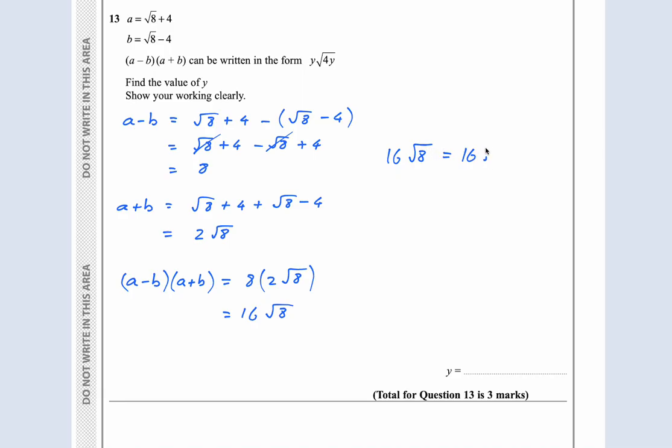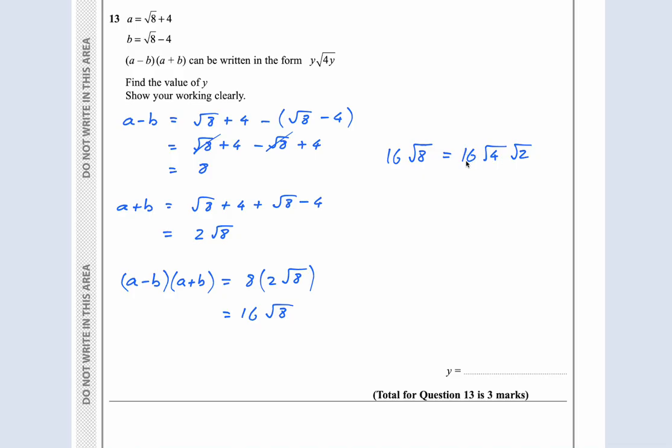Root 8 is root 4 times root 2. Now I have my root 2 here, and I have my 16 here, and I have my root 4. So I need root 4 times another root.